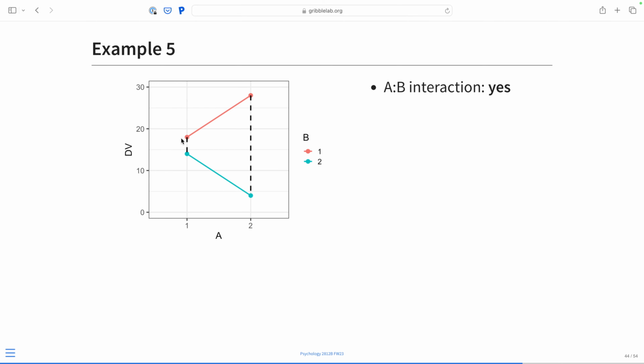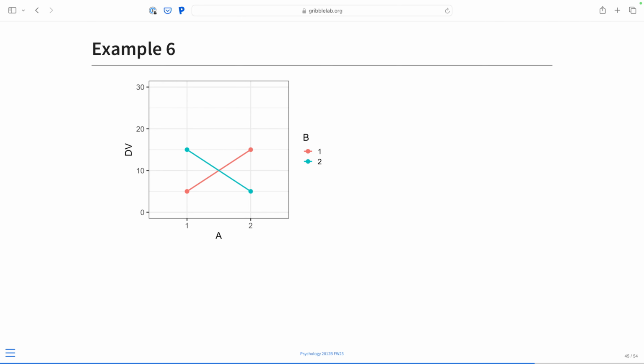If you're in B1, the effect of A is to increase the dependent variable. If you're in B2, the effect is to decrease the dependent variable. So that is a textbook definition of an interaction effect. It's a difference of differences.